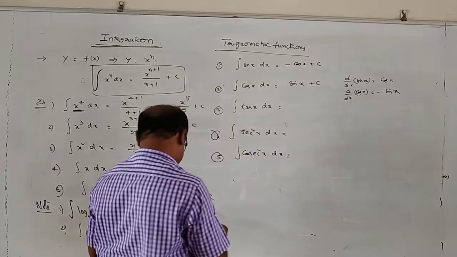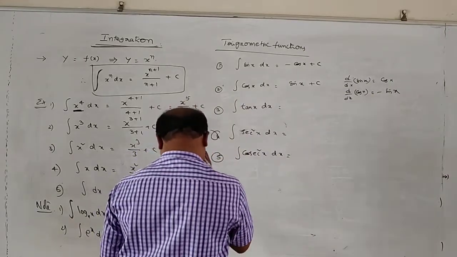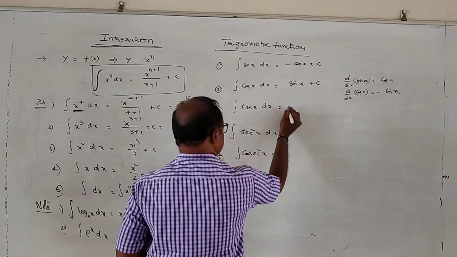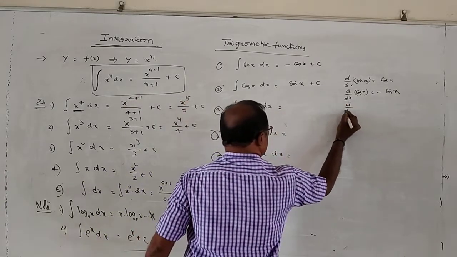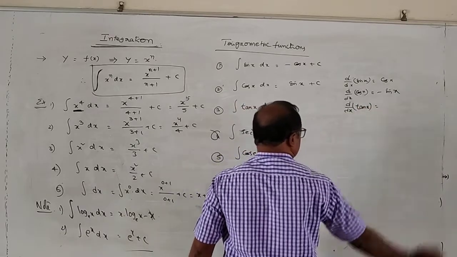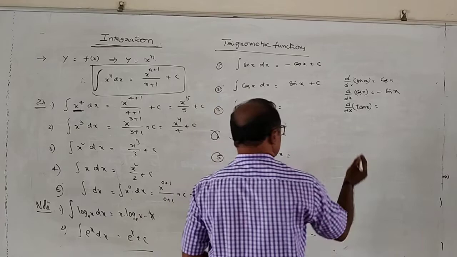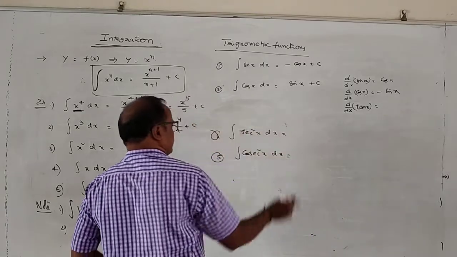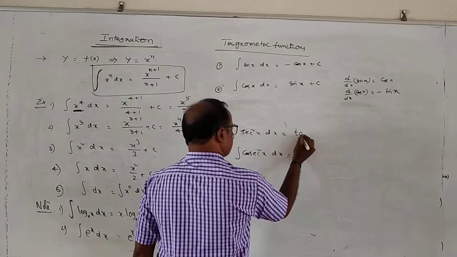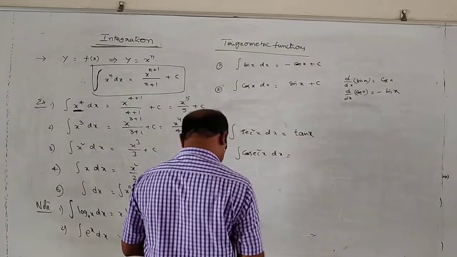Again, integral tan x dx is equal to, d by dx of tan x is equal to, integral secant square x dx is equal to tan x. Integral cosecant square x dx is equal to minus cot x.